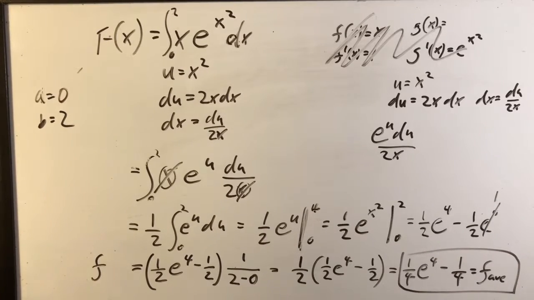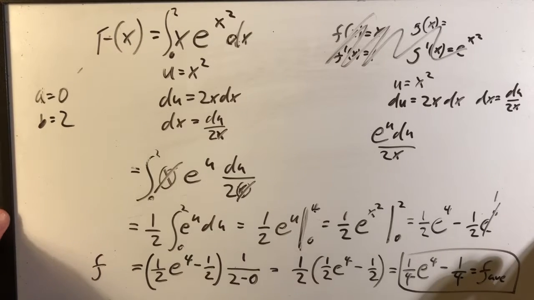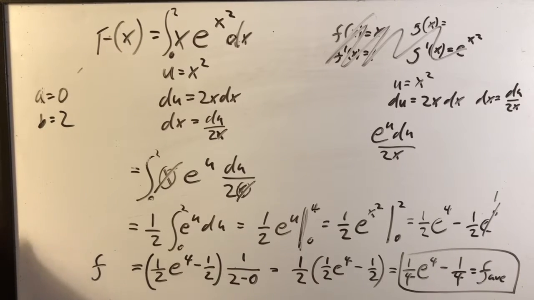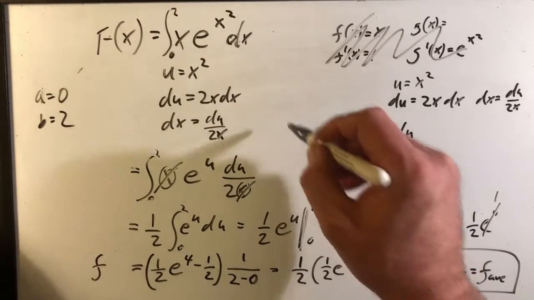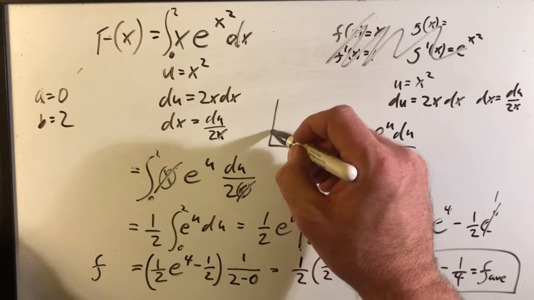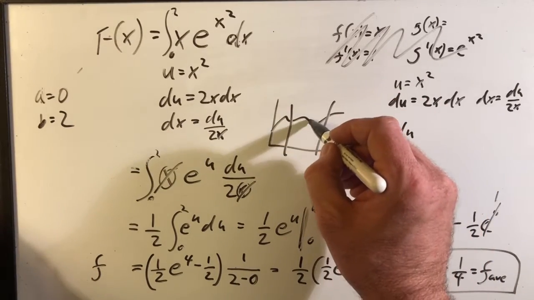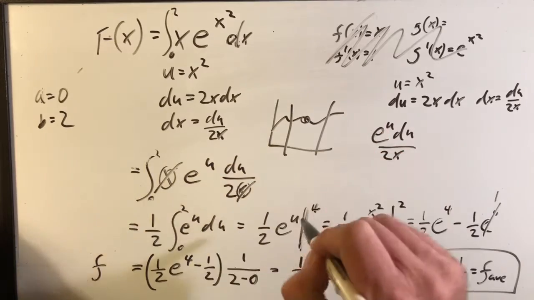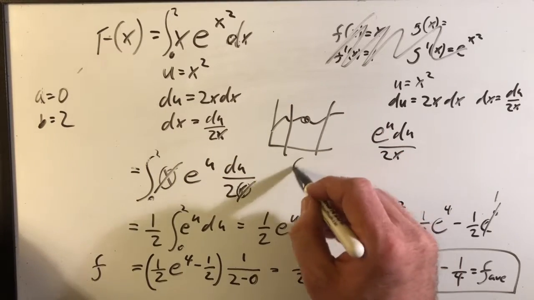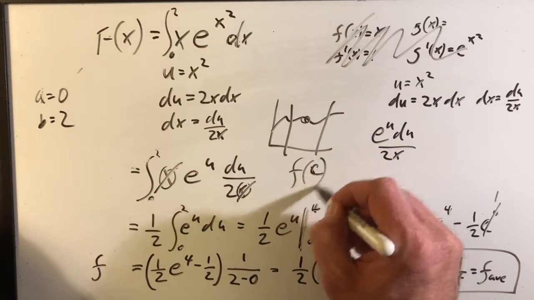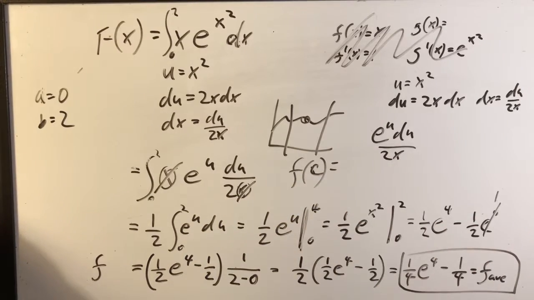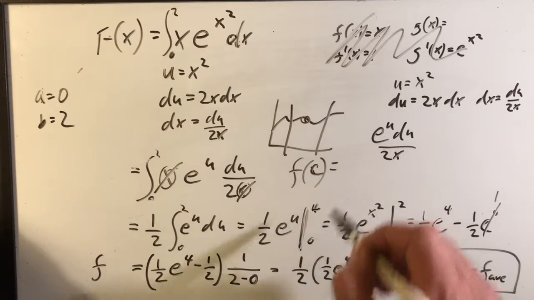Now that also means that I can, actually let me go to another board. If I know that, I can go back and say, where along that curve, so what this really means is that somewhere between this interval, there is a value, we'll call it f of c, where that f average is true.